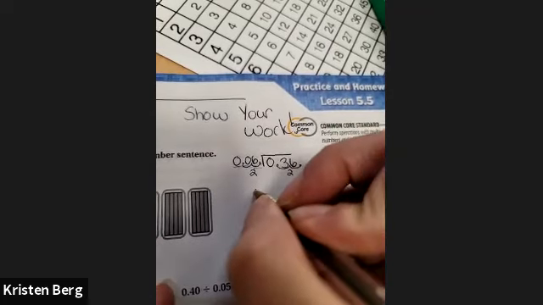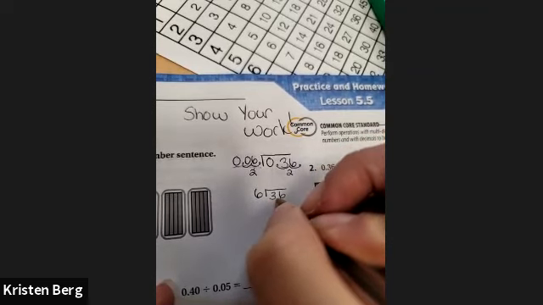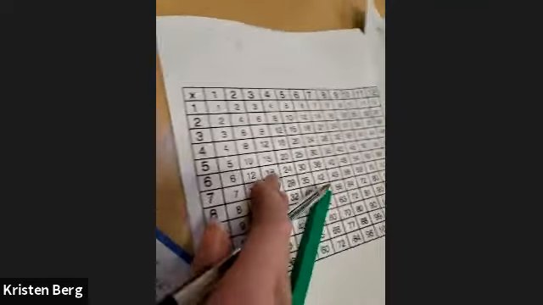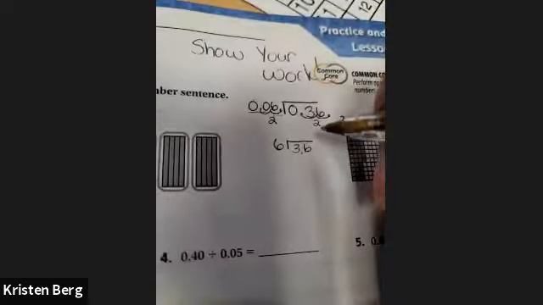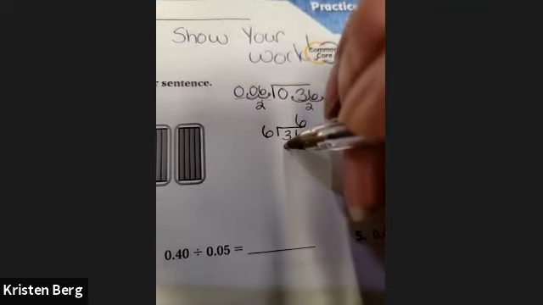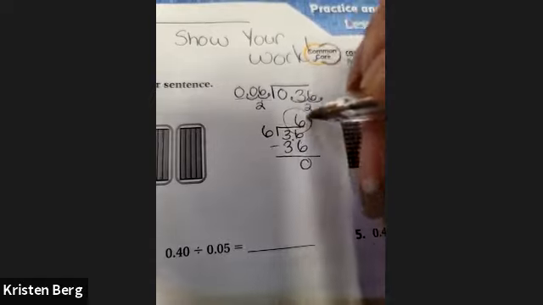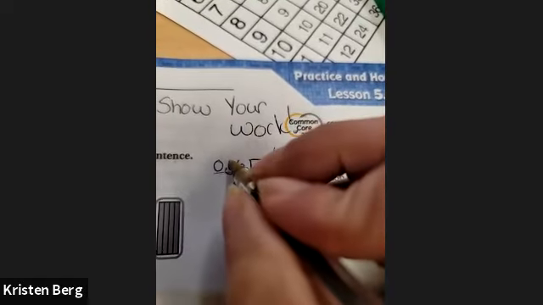So when you rewrite it, it would be 6 and this would be 36. How many 6s will go into 36? 6 into 36 would be 6 times. So that is why we got 6 as our answer. And if we plug it back in here, 6 times 6/100ths will be 36/100ths. So our answer is 6.